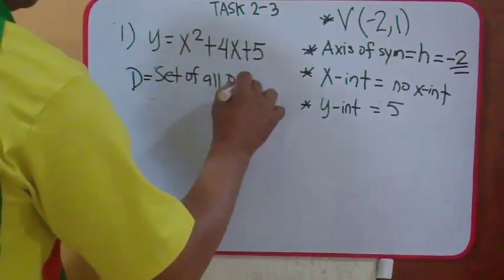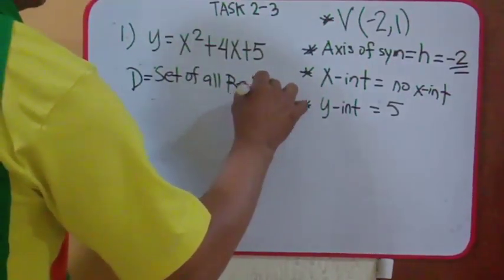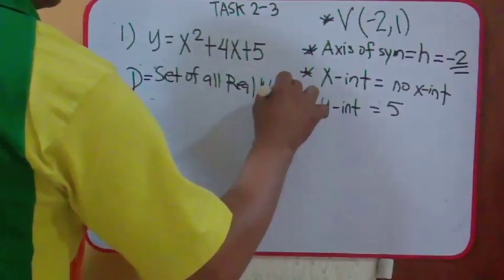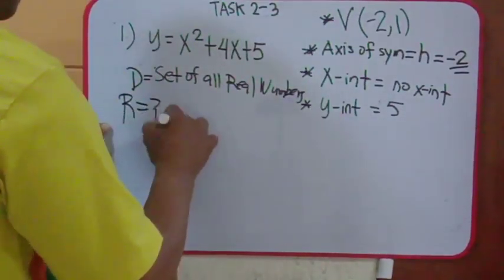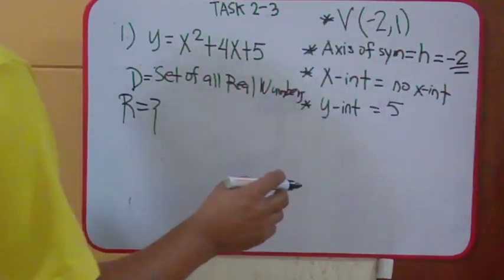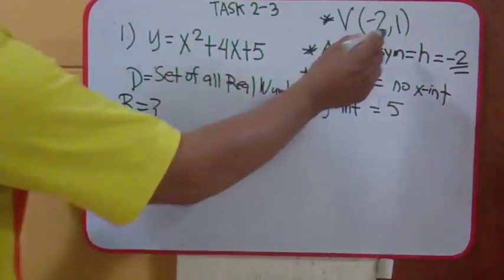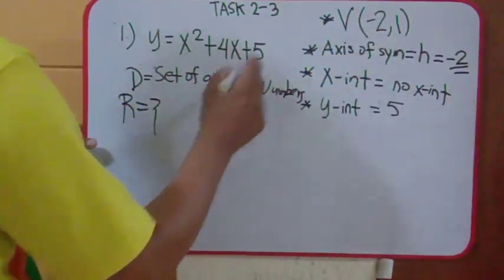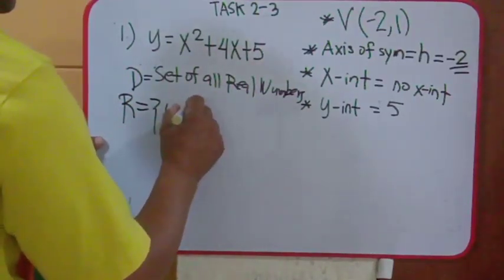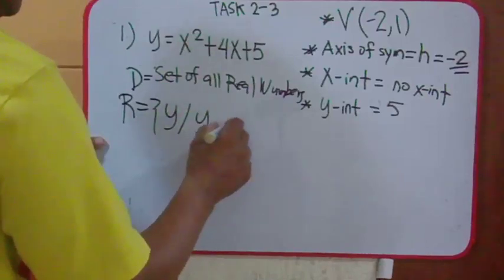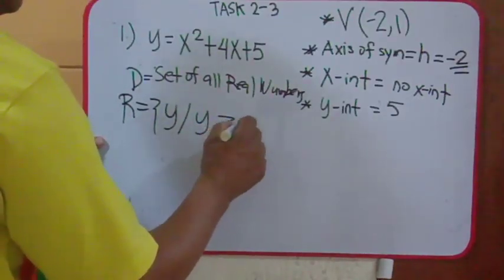Kasi all real numbers lagi yung nagiging sagot. Okay? How about range? Okay, ang range, we will have to check the value of k. K is 1. So, yun yung possible that is our range. Y such that y is greater than or equal to 1.